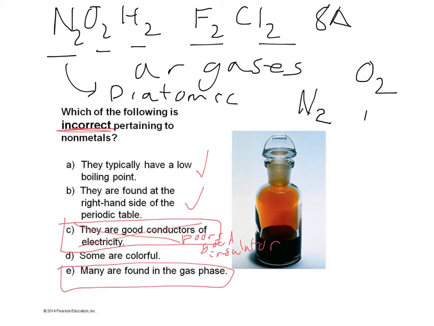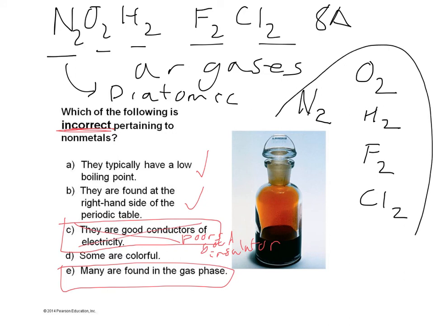Same for oxygen, hydrogen, fluorine, and chlorine. All of those elements exist naturally as little molecules consisting of 2 atoms. For example, oxygen's 2 oxygen atoms bonded together, and therefore they're referred to as diatomic gases. And we'll talk about that again and remind you of it when we get to nomenclature.